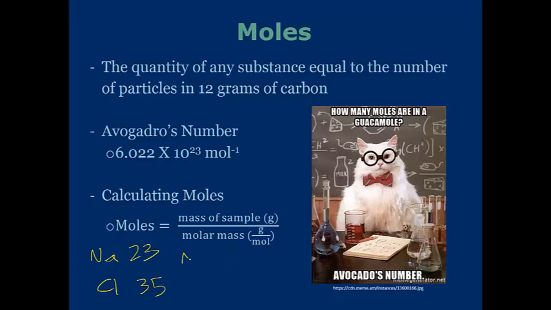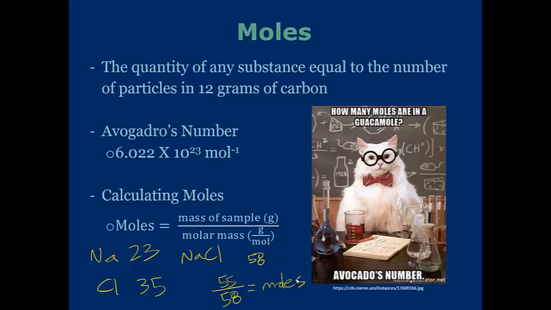So if we add these, sodium chloride is going to have a molar mass of approximately 58. So if we have 55 grams of sodium chloride, we divide 55 by 58 to get the number of moles.